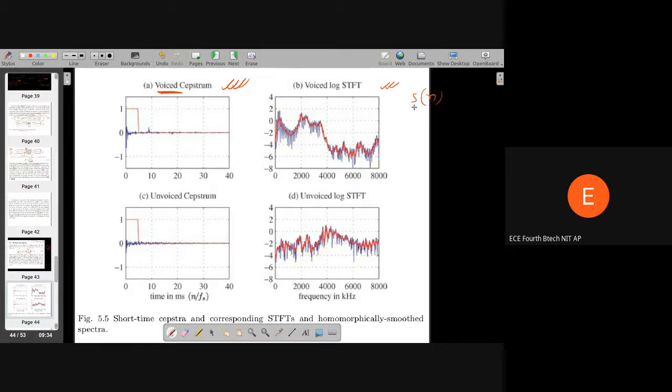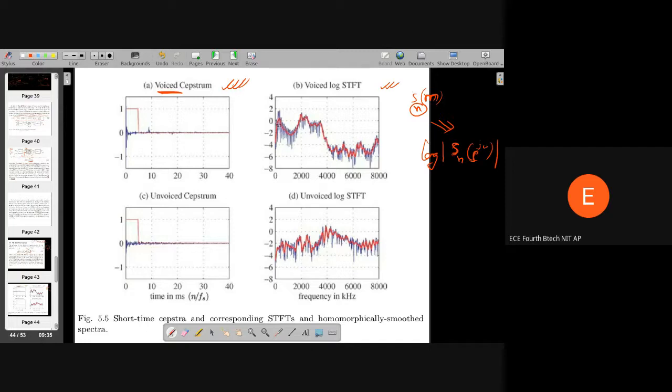Let's say a voiced frame centered around n, you took the STFT, the log STFT, for that frame centered at n. If you took the log magnitude of that, this is what you will get.